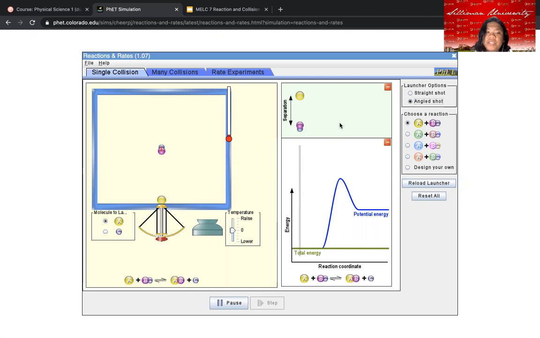Maybe we have to choose the angle shot. There you go. Now let us manipulate the angle, and the energy that we will exert will still exceed the total energy needed, but we'll just change the angle a bit.